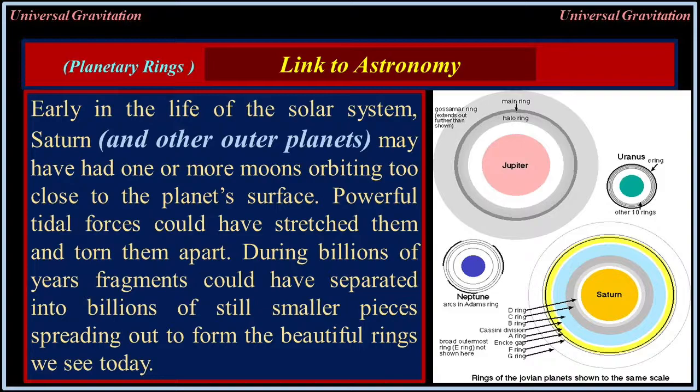Early in the life of the solar system, Saturn and other outer planets may have had one or more moons orbiting too close to the planet's surface. Powerful tidal forces could have stretched them and torn them apart. During billions of years, fragments could have separated into billions of still smaller pieces, spreading out to form the beautiful rings we see today.